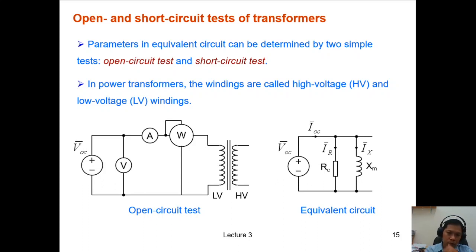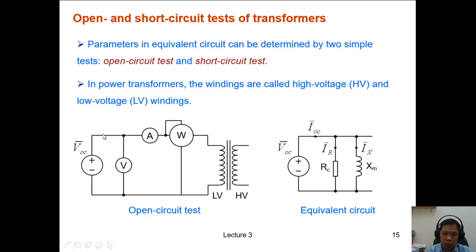To perform the open circuit test, we will increase the voltage slowly until we reach the rated voltage, and we will measure the current going through the low voltage coil. It doesn't matter if it's primary or secondary, we just use the lower voltage.